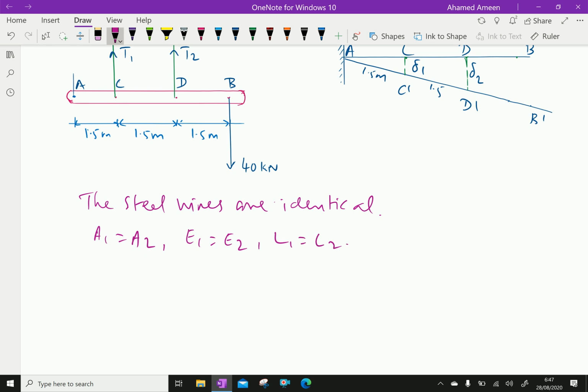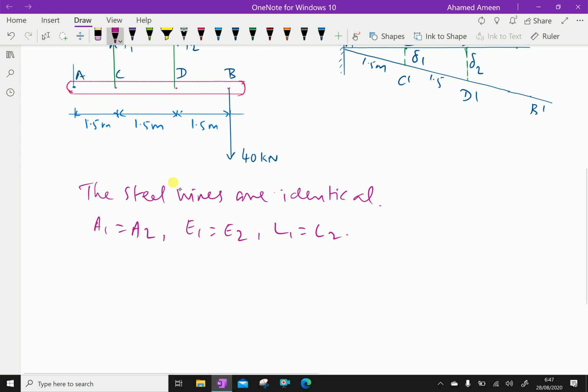Now, here, let delta 1 and delta 2 be the extension due to load in wire 1 and wire 2.